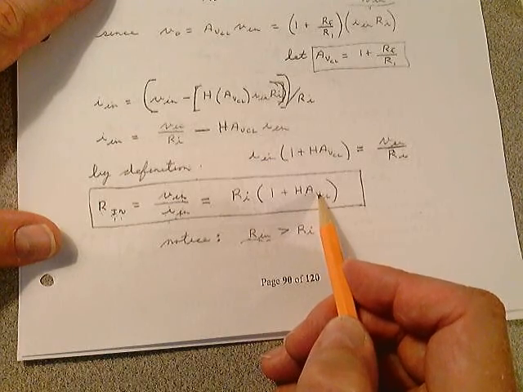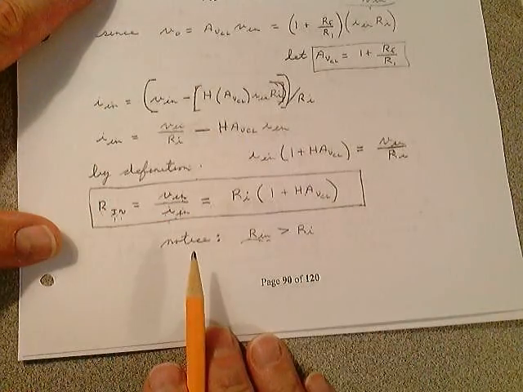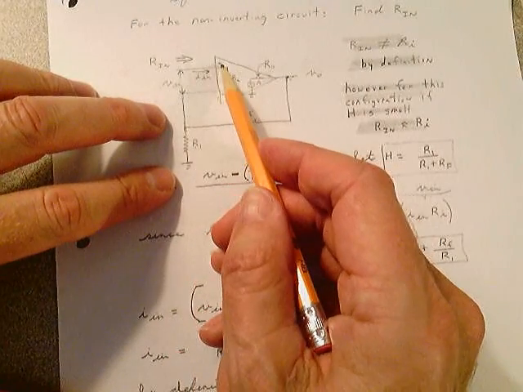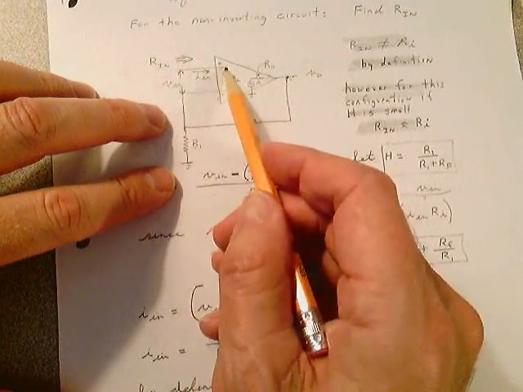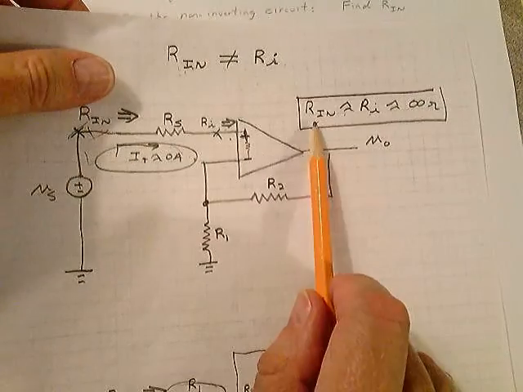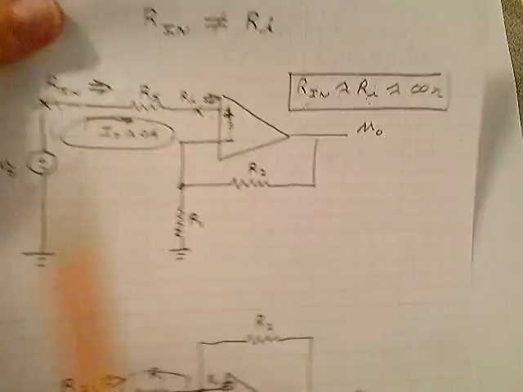So for a non-inverting amplifier configuration, I'm going to let you say Rn is approximately equal to Ri. And there's theory behind it.